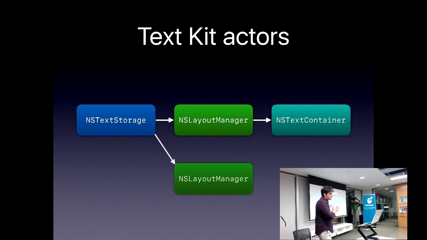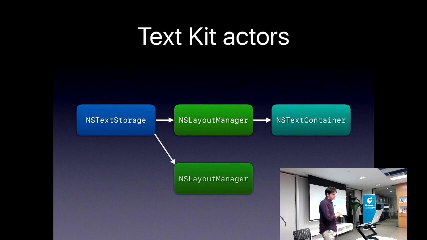Now, the geometry that the layout manager fills with the text described in the text storage is described by one or more, again, text container objects connected to it. So a text container may have a size, it may have exclusion paths, stuff like that.